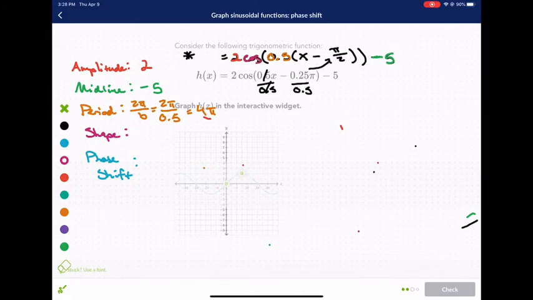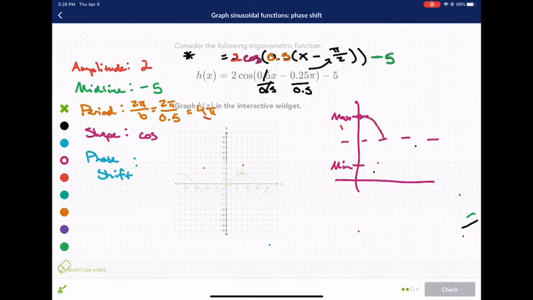Got a cosine function, so my shape is cosine, which has a certain shape to it, right? It behaves in a certain way. Got my midline, my max, and my min. And cosine, like we said before, starts at the max, comes down, and then goes back up for a length of 1 period. All right, so that's going to be the general shape of my graph.